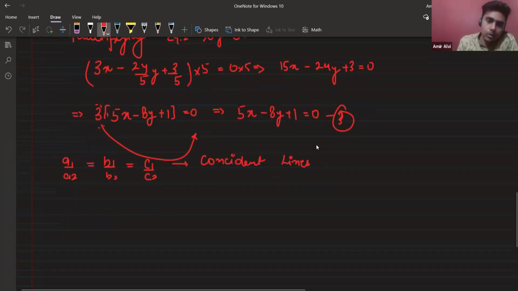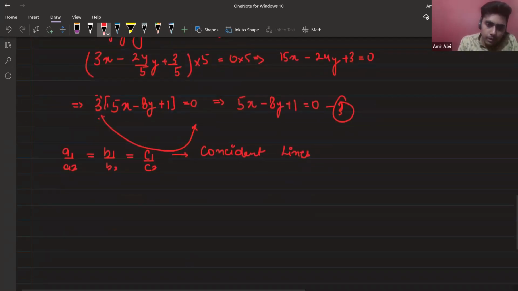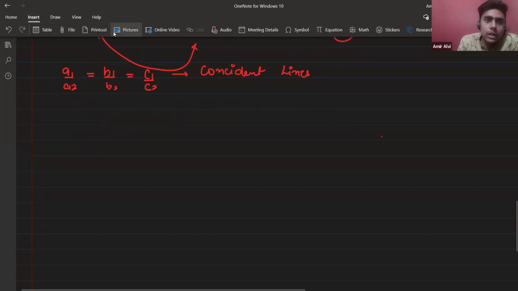I'm giving you one example to solve, and I'm giving you 2 minutes. Now you will understand why I am taking this concept at this point of time, in the later stage, not in the starting.